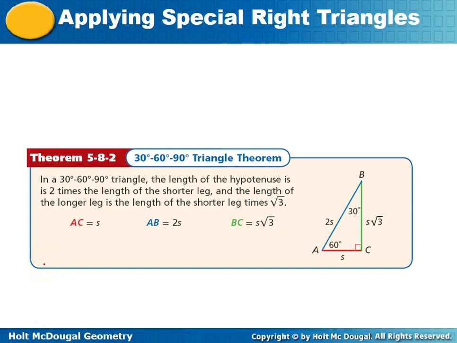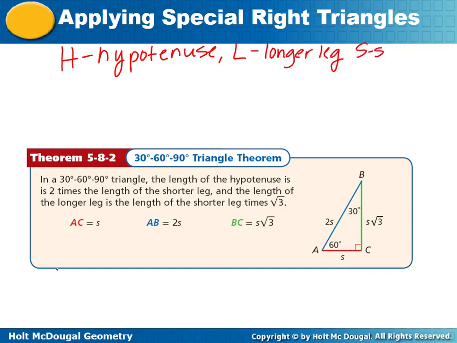In a 30, 60, 90 triangle, the length of the hypotenuse is 2 times the length of the shorter leg. So what I want to do first is say H is the hypotenuse, L is the longer leg or side, and S is the shorter leg or side.